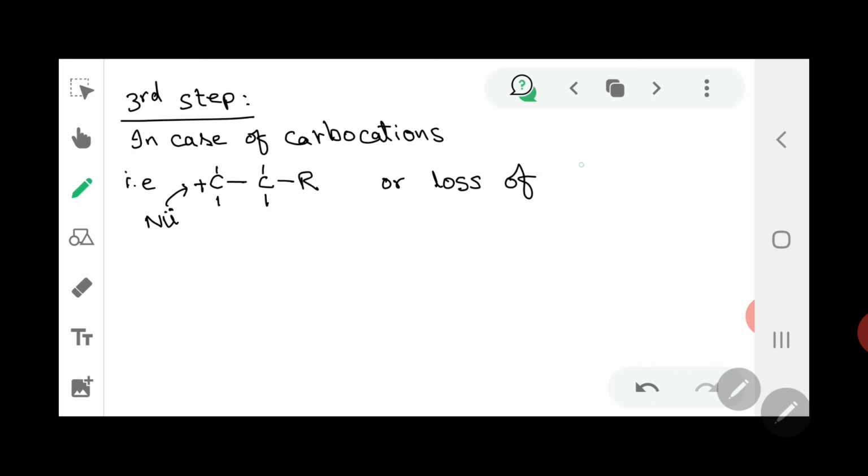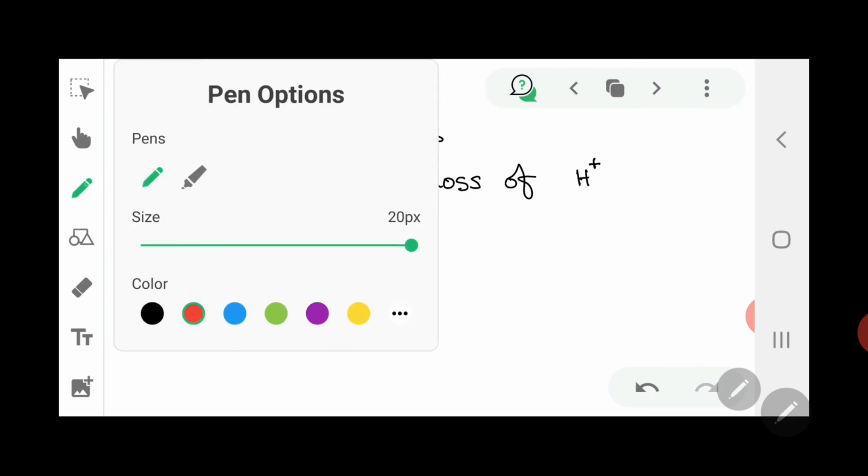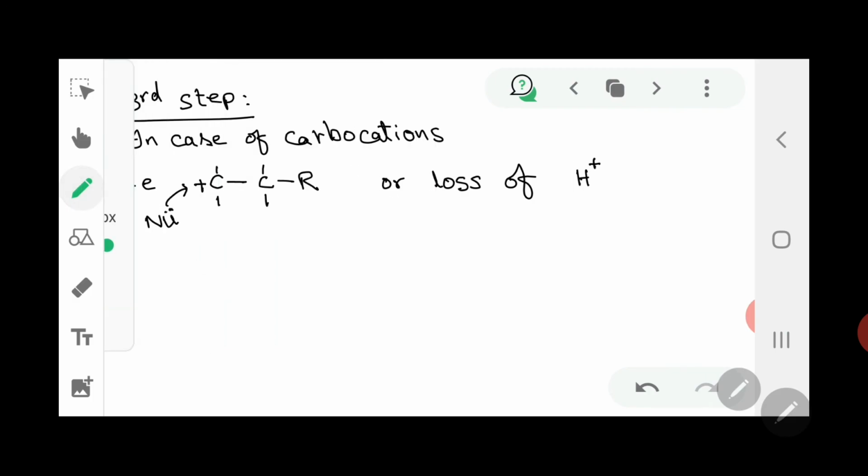Or the second method is the removal of proton from the molecule, or loss of proton.